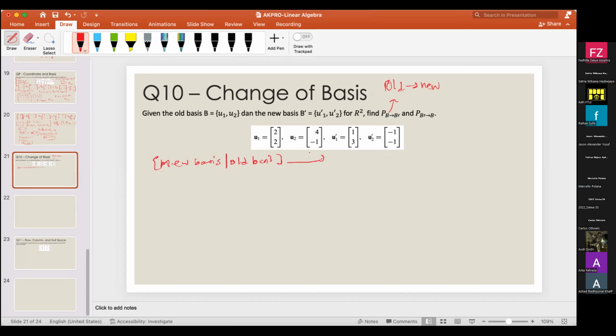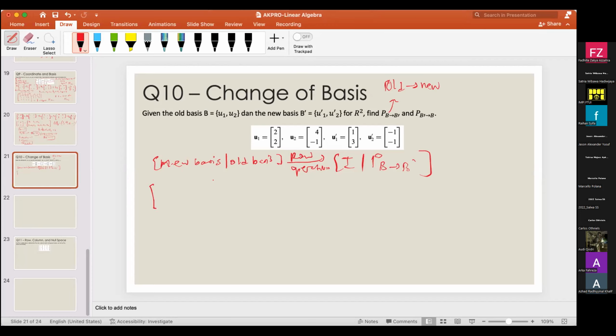If we do row operations, we will get the identity matrix I, which leads to the formation of the transition matrix P from B to B', which is exactly what we're going to do today.